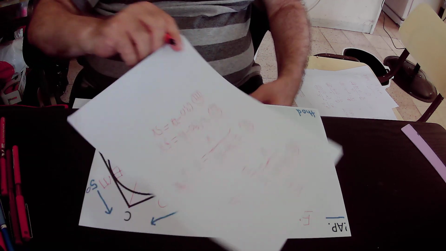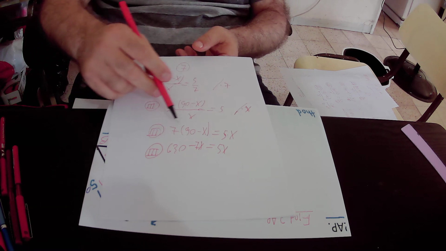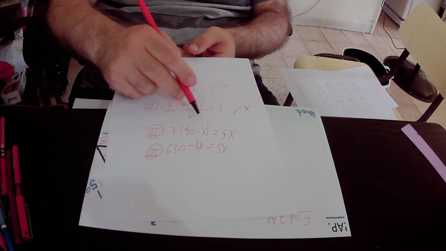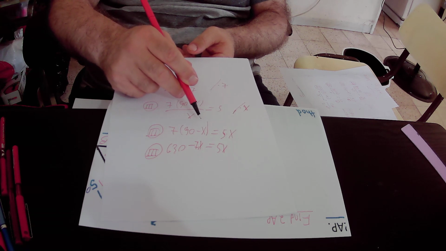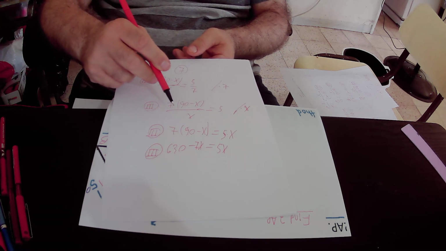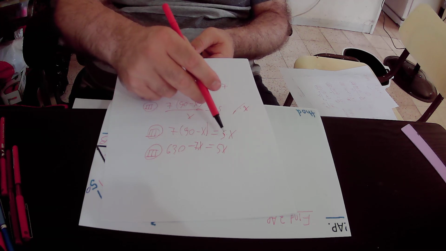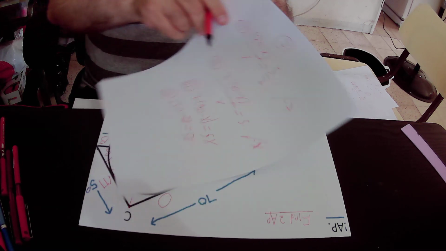Okay, so we open the brackets. 7 times 90 equals 630, and 7 times minus X equals minus 7X. Okay, all equals 5X. Now we will add 7X to both sides of the equation.